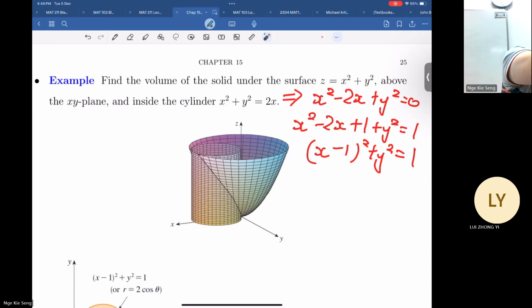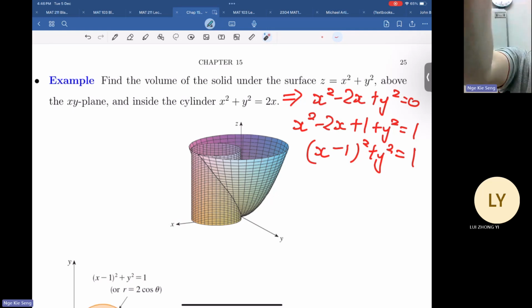So it is the volume above the circle, under the surface. It's equivalent to the volume above the circle of the cylinder, and then under the surface. Does it make sense or not?